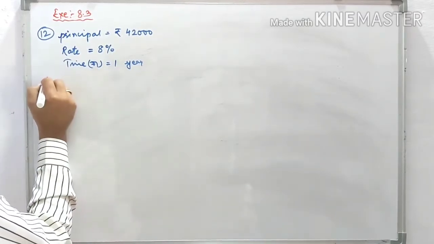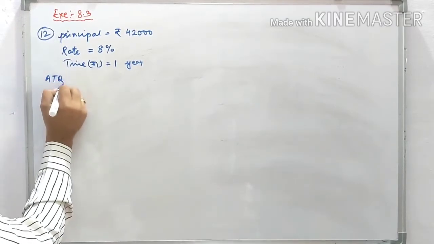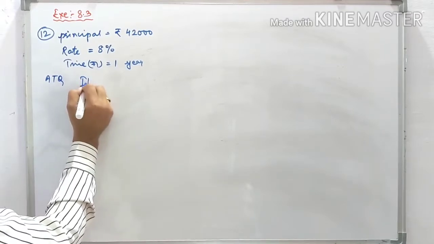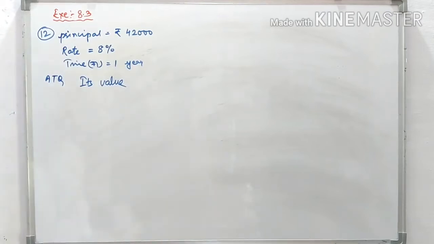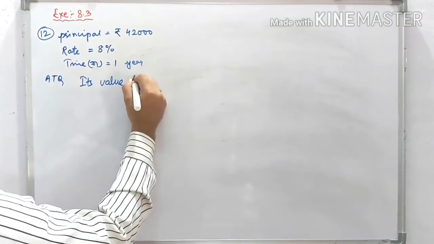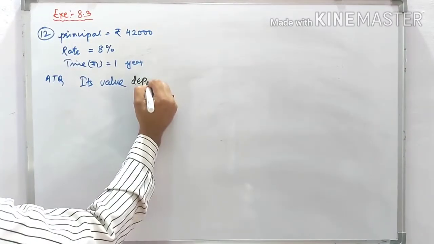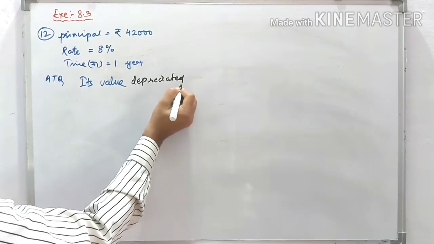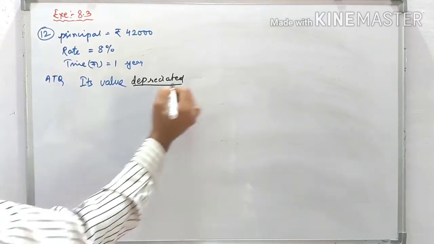Okay, according to the question, its value is in depreciating form. The meaning of depreciating is decreasing in order.